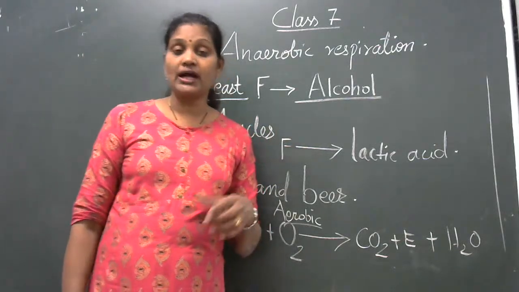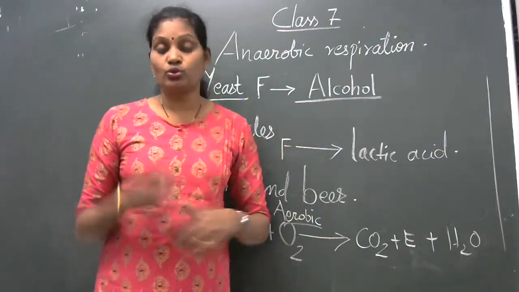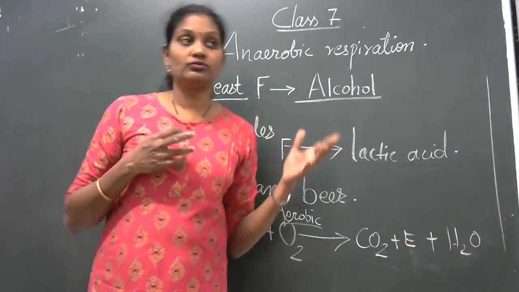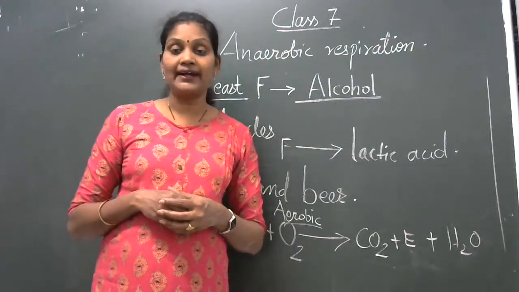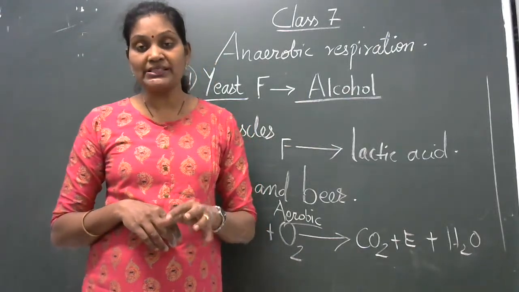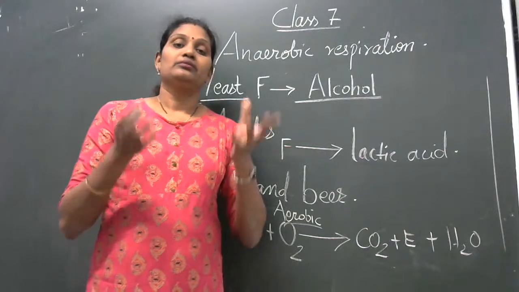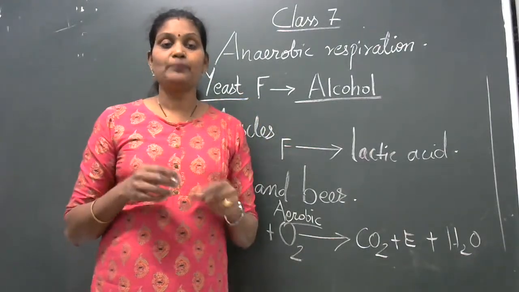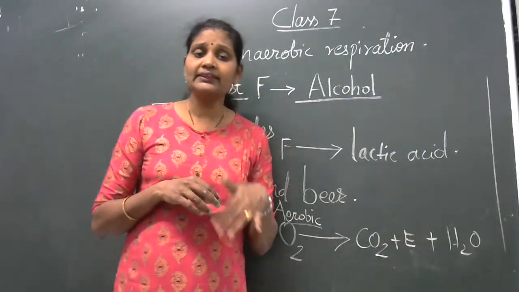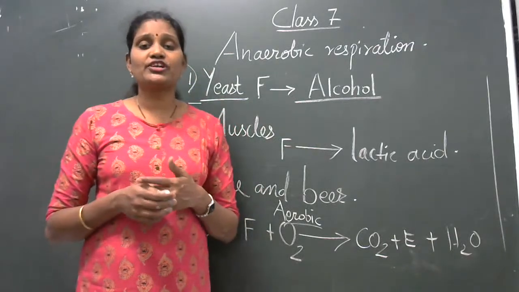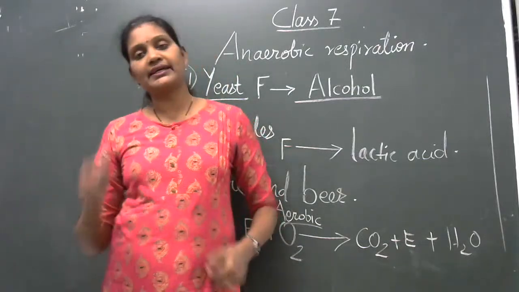I gave the example that if you are told to run a lot, so when we are running at that time, or if we are doing some hard work, that much oxygen will not come all at once. So at that time what happens? Oxygen becomes less but energy keeps being needed, so how will energy be produced? Then the lactic acid is produced instead of carbon dioxide in the muscles, because our muscles are working.